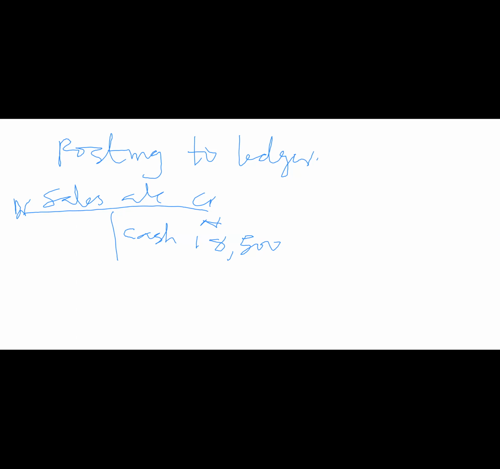And there are some cases that you will also be required to prepare journals. The journals I'm talking about are your sales return, purchase return, sales day book, purchase day book. Are you following what I'm saying now? So having done all of that, you post to ledger.